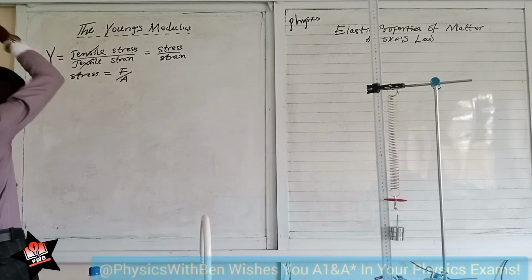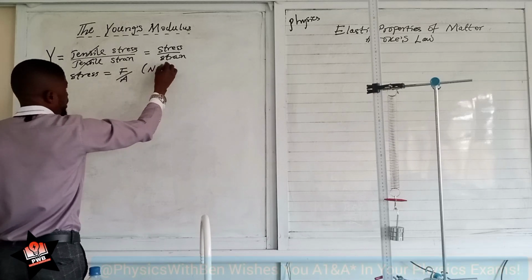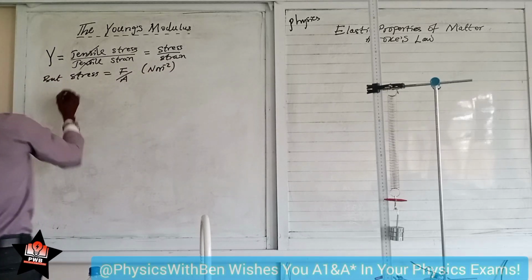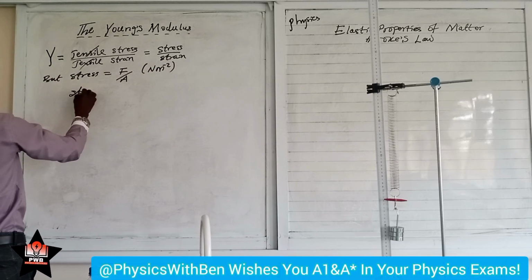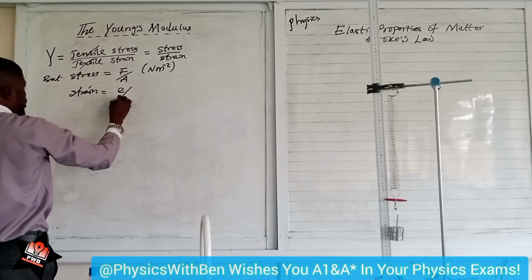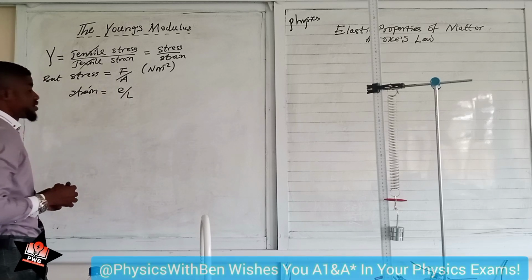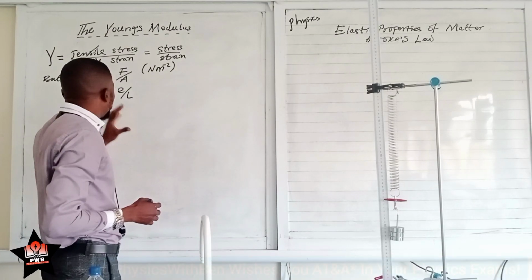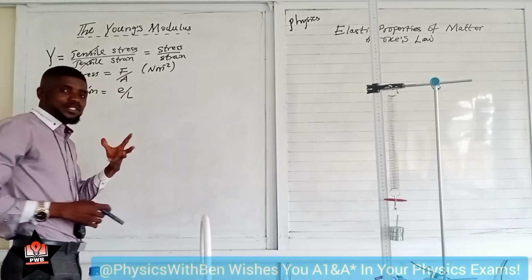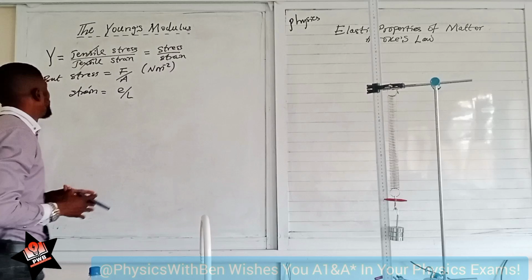So we write that, and the unit of this is Newton per meter squared. The strain is given to be extension all over the original length. Strain, however, is a dimensionless quantity, and so it has no SI units.